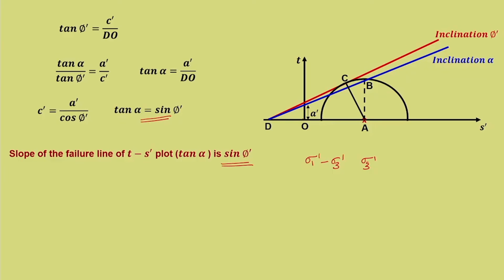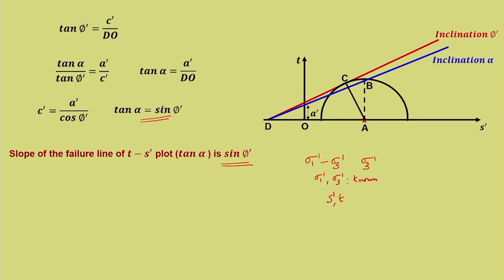So, you know sigma 1 dash and sigma 3 dash. Now, what will you do? You need to plot the Mohr circle and get the shear strength parameters C dash and phi dash as applicable.